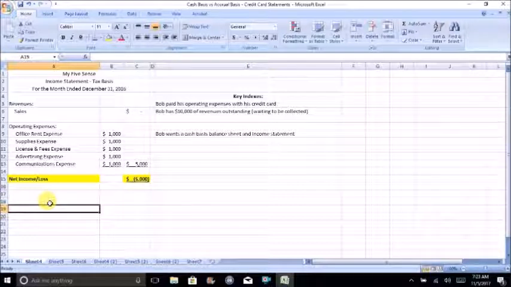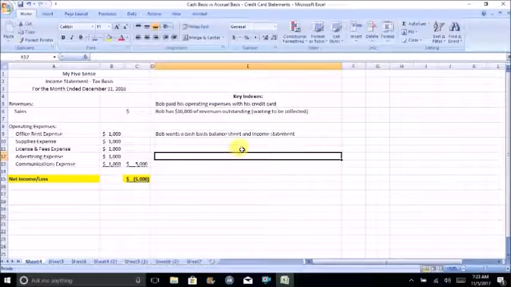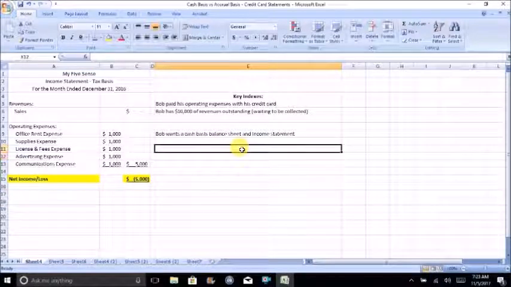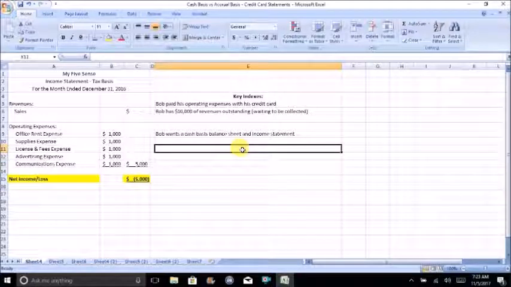So Bob, what I have to understand, Bob, you want cash basis financial statements under these circumstances? Bob, there are no cash basis financial statements that I can issue, or could work up for you, under these circumstances.